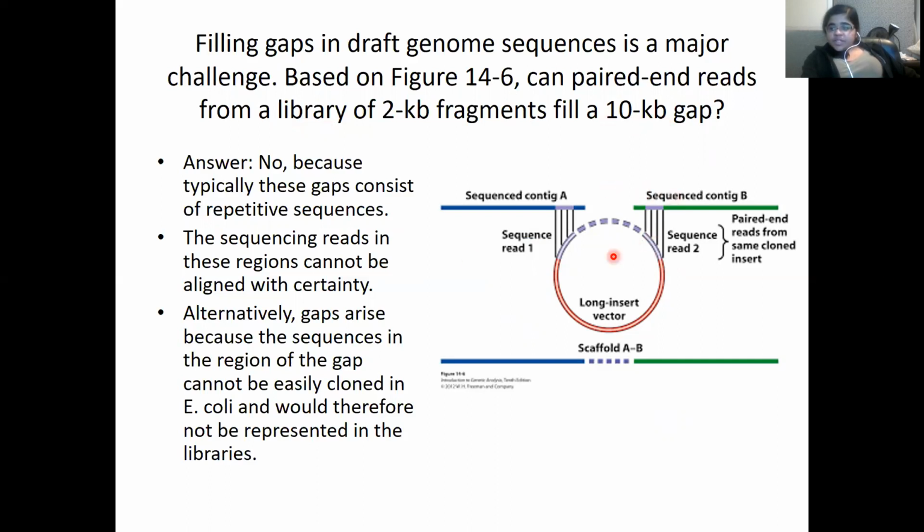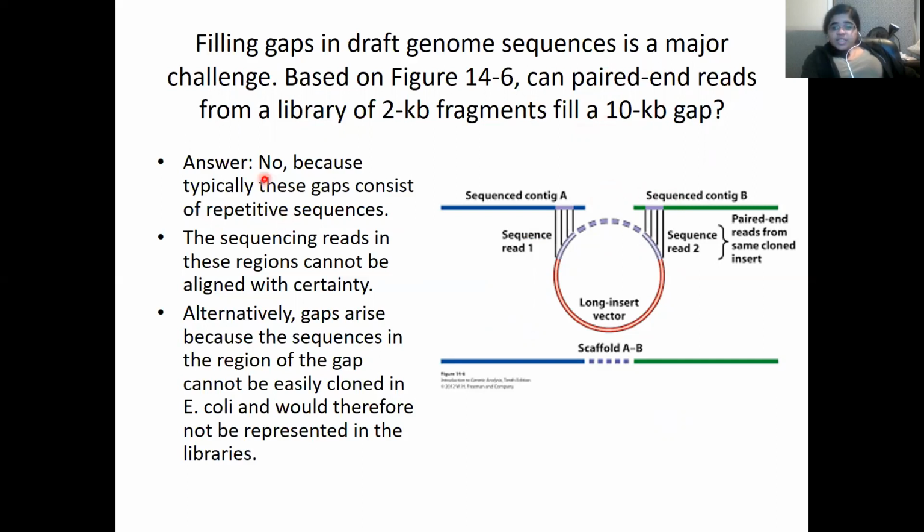So we have this figure here. They're asking if paired end reads from a library of 2 kb fragments can fill this gap that is 10 kilobases long.